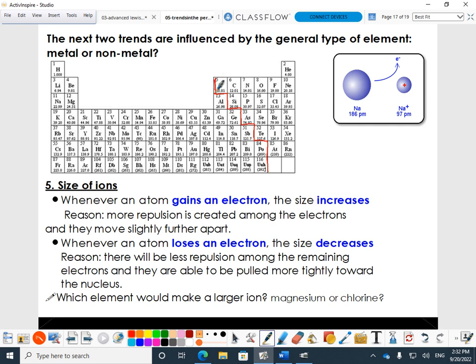You can even just kind of sketch it. Everything to the right of the staircase we're going to consider to be a nonmetal, and everything to the left a metal. So we don't even care about transition, alkali, alkaline earth. We don't care.